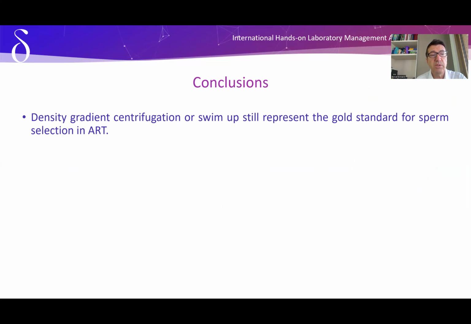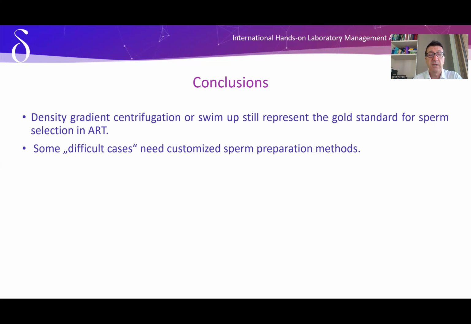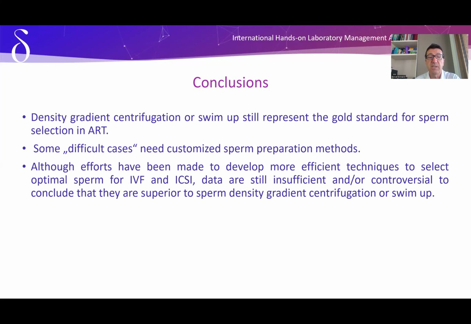So we can conclude that density gradient centrifugation or swim-up still represent the gold standard for sperm selection in assisted reproduction technologies. If we have some difficult cases, then we need to customize sperm preparation methods.